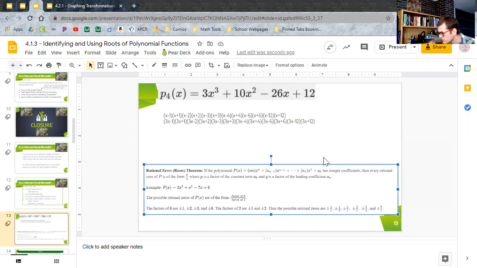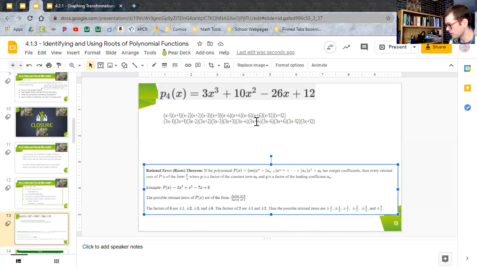Okay, so the idea is that the possible rational zeros of P of x are in the form of factor of 6 divided by factor of 2, because 6 is the constant and 2 is the leading coefficient. So the factors of 3 are 3 and 1. So the first ones have the 1 in it. And the second number are all factors of 12.